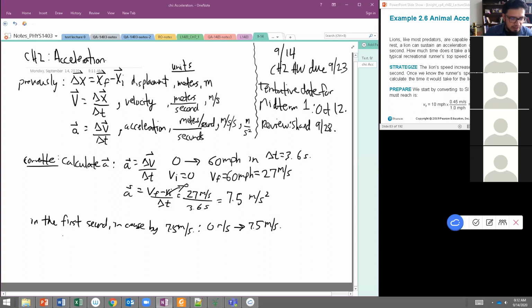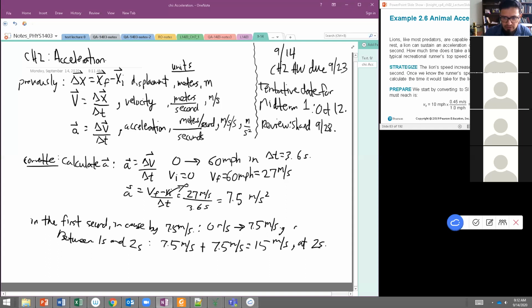During the next second, between 1 second and 2 seconds, we're already starting at 7.5, and now we're going to add another 7.5 meters per second. And so that would give us 15 meters per second by the end of the second. So this 15 meters per second is what you get at 2 seconds.